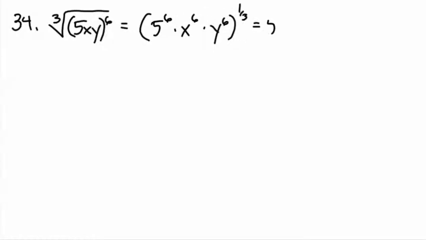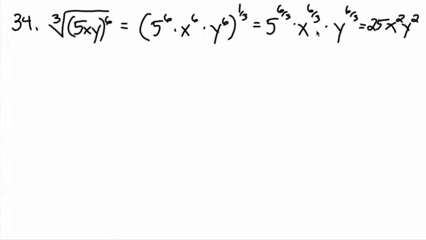So I get 5 to the 6/3 times x to the 6/3 and times y to the 6/3. Now all of these reduce, so I get 5 squared, which is 25, x squared, y squared. And you could leave this as 5 to the second power. That wouldn't be a problem. So that takes care of writing everything in exponential form.